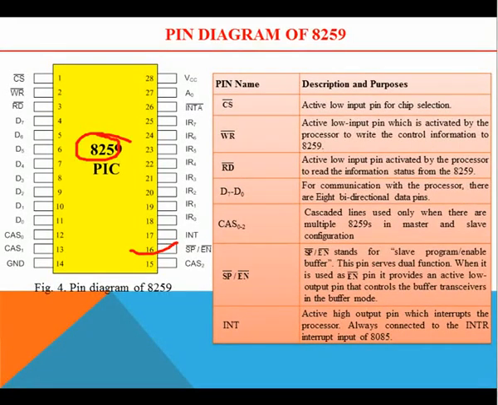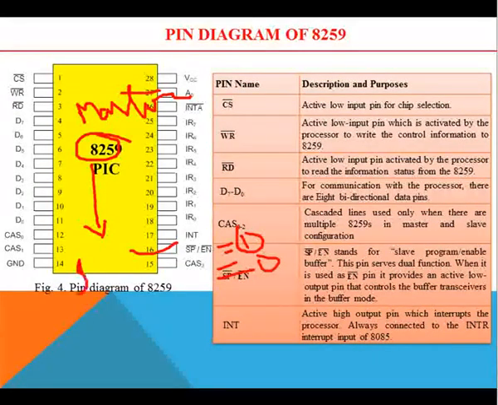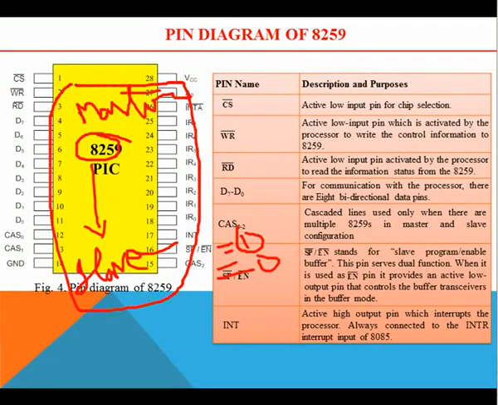If the value of SP/EN is equal to 1, then the 8259 will work in master mode. Otherwise, if its value is equal to 0, then this 8259 will work in slave mode. We will see how it works in master mode and slave mode in the cascading mode configuration of 8259.